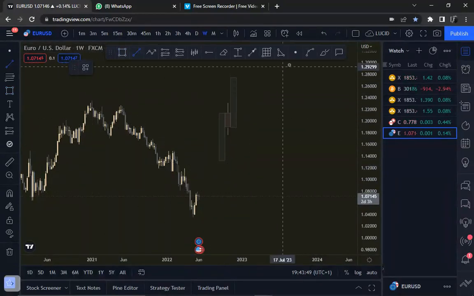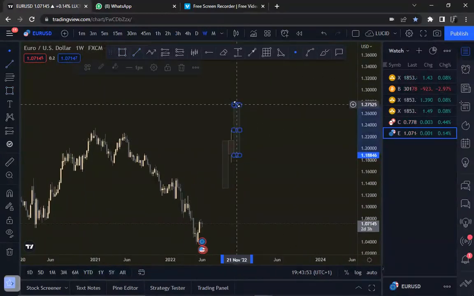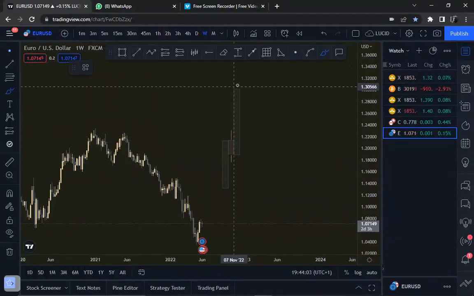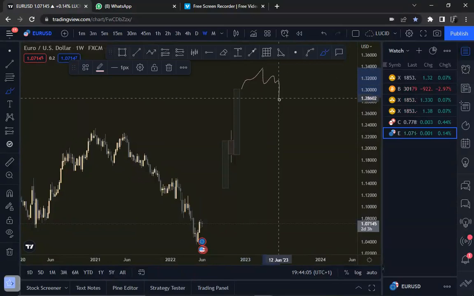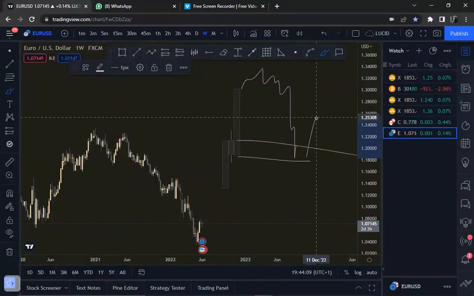This inside bar should be engulfed. The other block should be engulfed. That's number one. For price to come back down and tap into the other block before moving away, right?